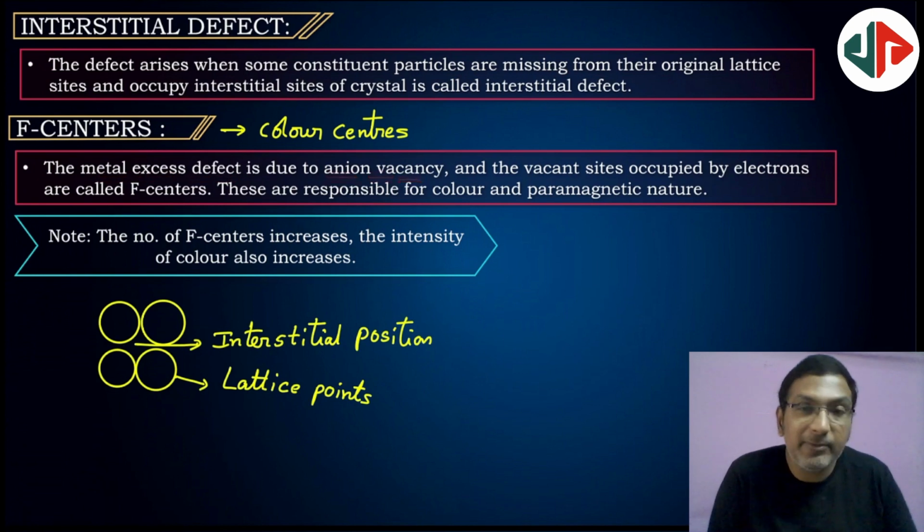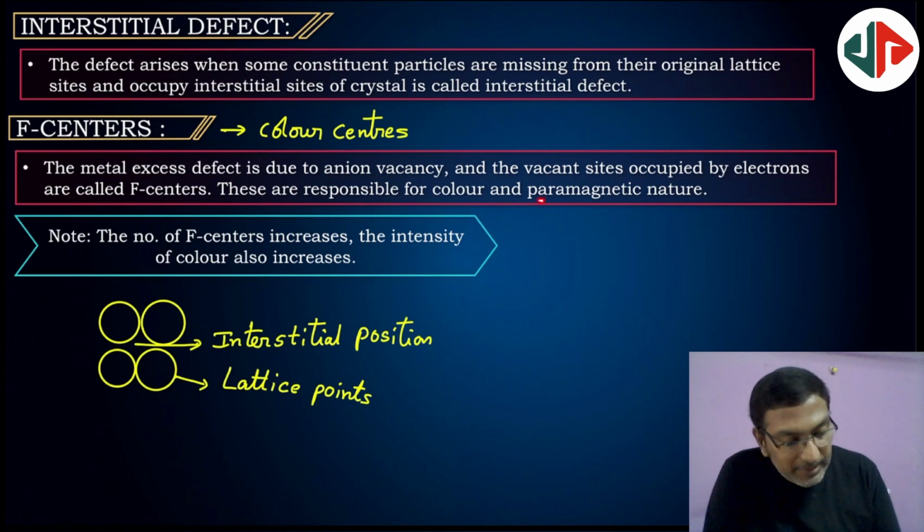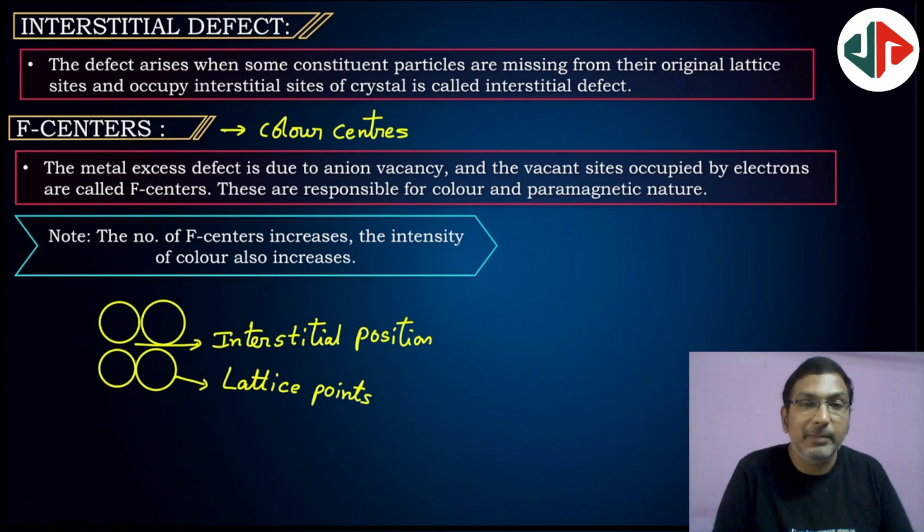The anion is missing from its lattice position and the vacant sites are occupied by electrons. These electrons are known as F centers because they are responsible for the color of the crystal. And due to the presence of unpaired electrons, it is paramagnetic in nature.